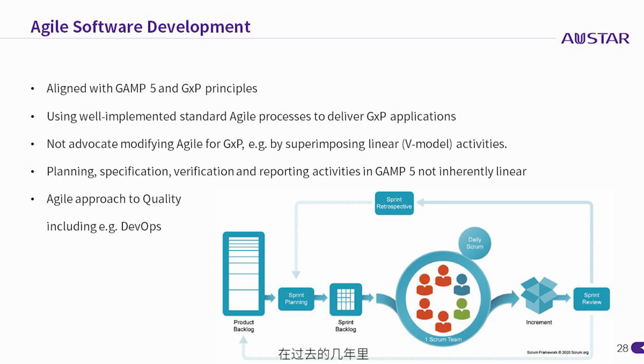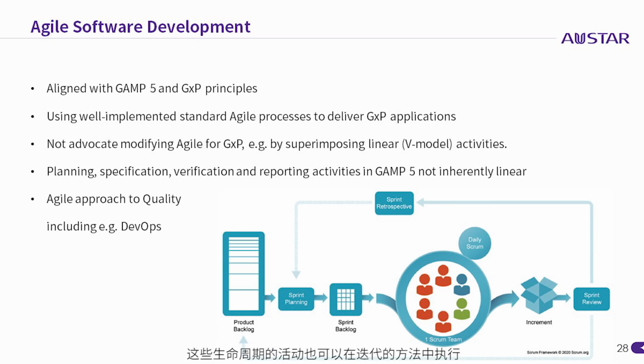In the past years, the movement to agile methodologies in software development also had an impact on computerized systems supporting GXP processes. Many people considered the existing GAMP approach as incompatible with agile processes. But planning, specification, verification and reporting activities in GAMP 5 are not inherently linear.